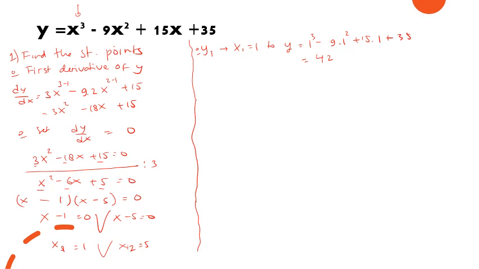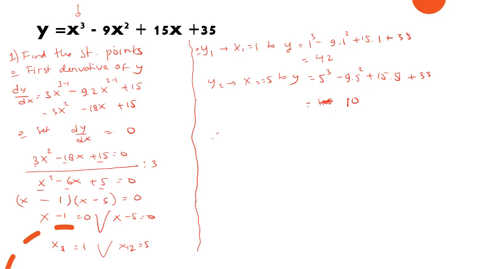For y2, x2 is 5: 5 cubed minus 9 times 5 squared plus 15 times 5 plus 35. 125 minus, well, it's 10, I think. Yes, it's 10.